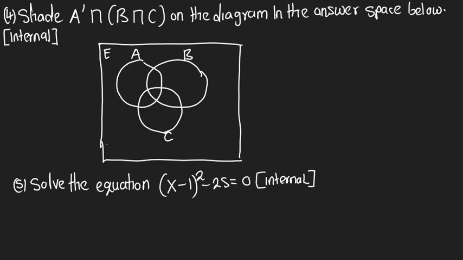I want us to look at this one. They're saying you shade this region here: A complement intersection B intersection C. Now, A complement simply means outside of.